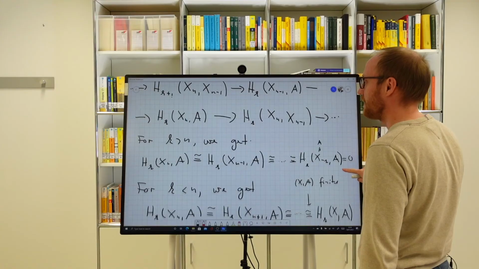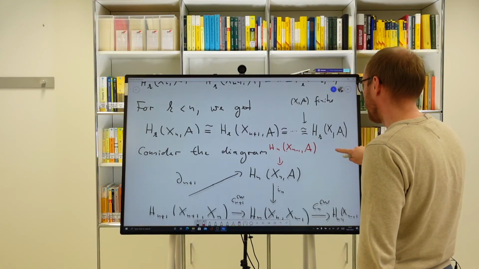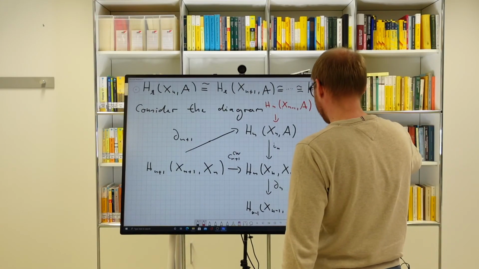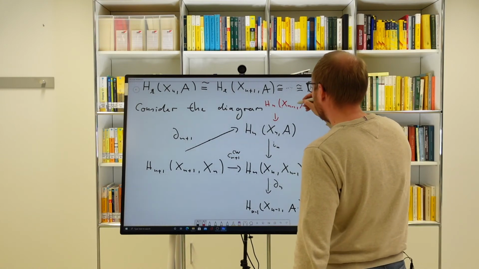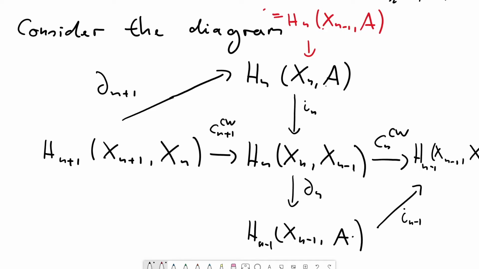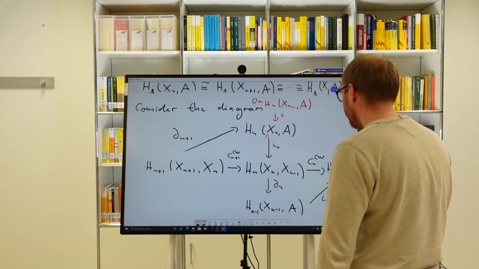This is what we discussed before. So actually, this object here is just plain 0. And therefore, this arrow here is 0. And that, of course, in this exact sequence has the effect that the succeeding arrow is injective. Yeah? So we've got an inclusion here.